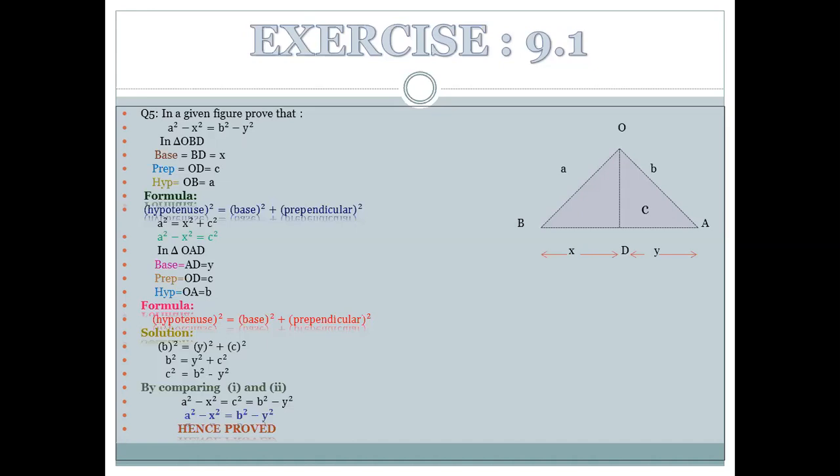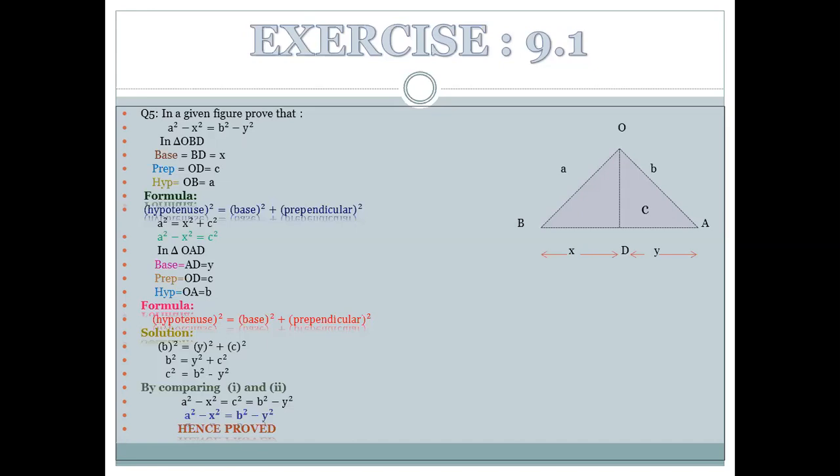C is common in both the triangles. So we calculate the value of C over here. We shift X to the other side. C square is equal to A square minus X square. This is equation 1. Now come to the other right triangle, which is ODA.